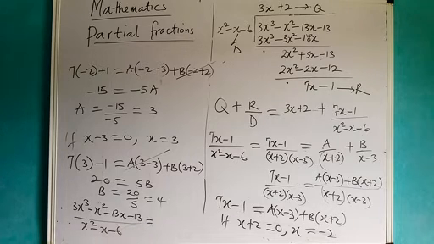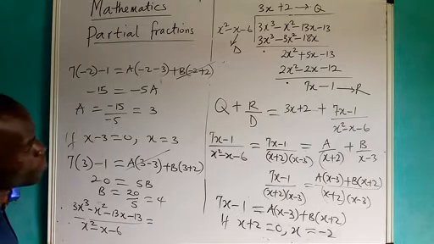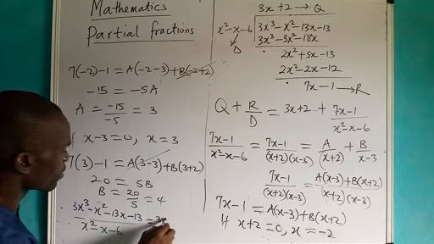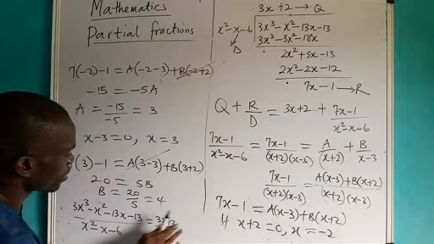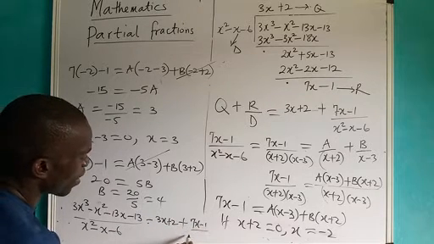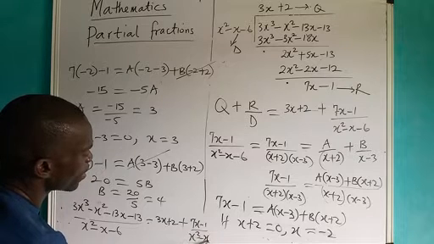What will it resolve into, using long division? We are having 3s plus 2 plus 7s minus 1 all over s squared minus s minus 6.